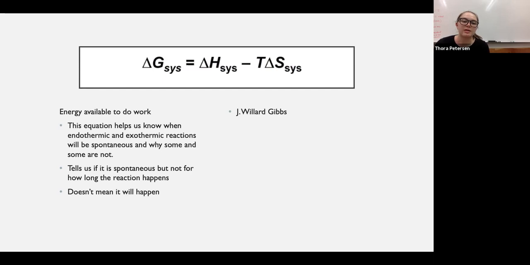It also tells us if it is spontaneous, but it doesn't tell us for how long that reaction happens, and it doesn't mean it will happen. Just because we can get that number and see if it's positive or negative doesn't necessarily mean the reaction will happen, but we can predict whether it will be spontaneous if it does happen.